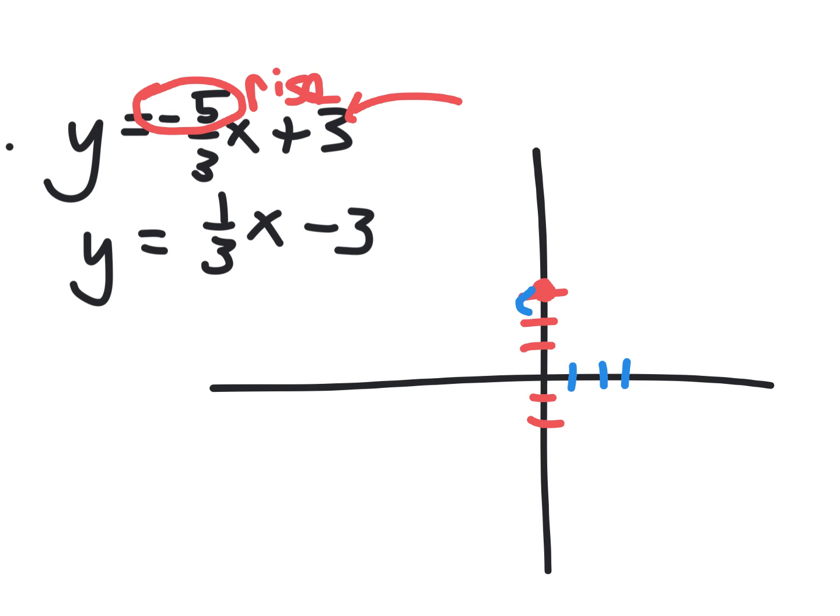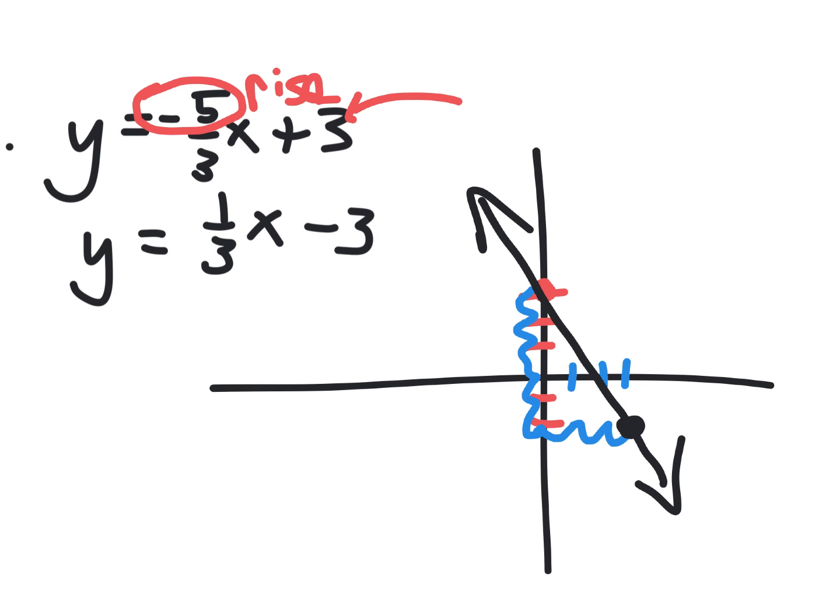So here I go, down 1, 2, 3, 4, 5, and then I go 3 to the right. 1, 2, 3, and I put a dot right there. I'm done, I've graphed it. That's all I got to do. You start at the y-intercept, then you go down 5 and over 3.